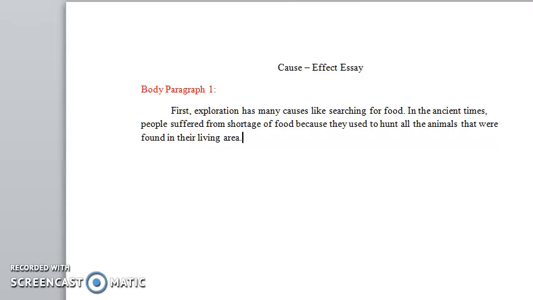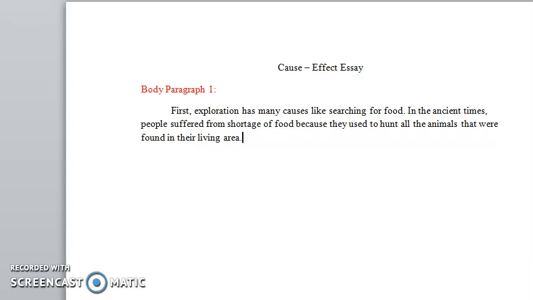They had few animals left in the forests or in the living areas where they used to live. And in order not to suffer from hunger, they left these areas and went out to search for other living areas. In this way, they explored new places to live in. Okay, so the sentence is, in the ancient times, people suffered, I'm using past because it's in the old time, from shortage of food because they used to hunt all the animals that were found in the living areas.